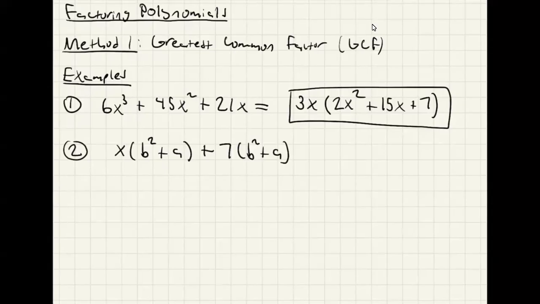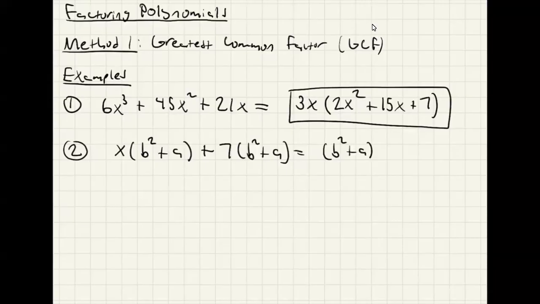You can notice that this term has an x, and it has a b squared plus a. This term has a 7, and it has a b squared plus a. And the question you ask is, what do they have in common? Well, they both have a b squared plus a with them. So you can write this as factor out the b squared plus a.